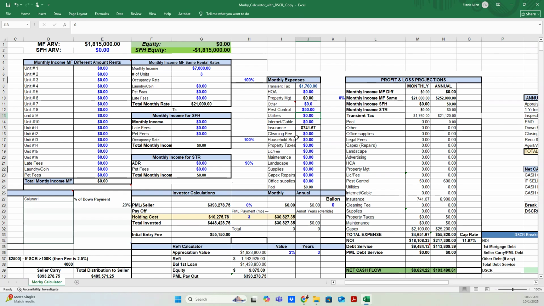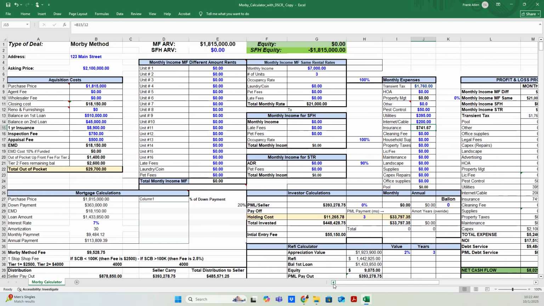Utilities was $395 a month. Internet was $200 a month. The insurance was automatically calculated from the annual insurance that you put in over here. The cleaning fees, he will not have a cleaning fee. Him and his partner are going to do them themselves. There's nothing in household supplies.